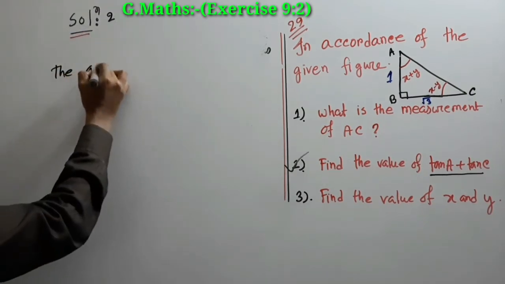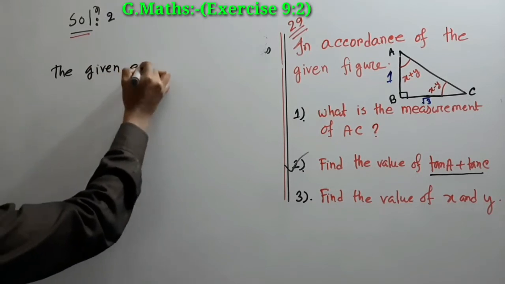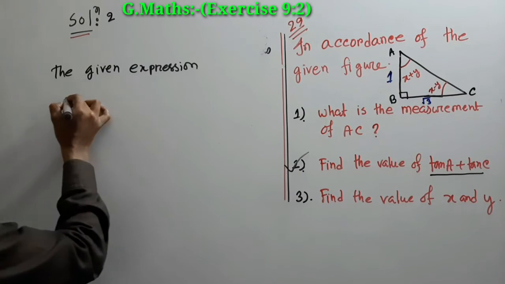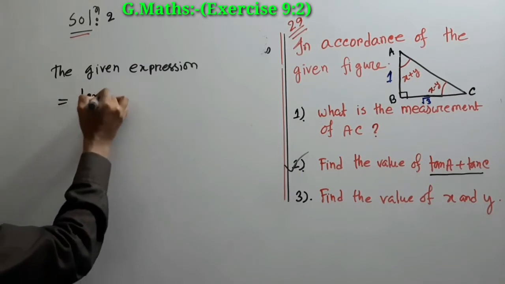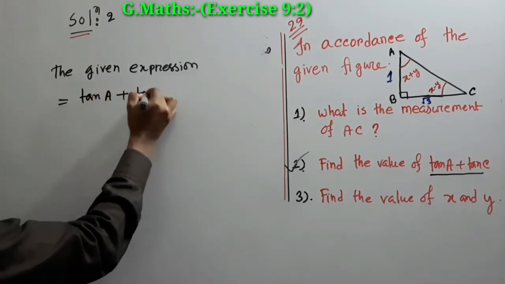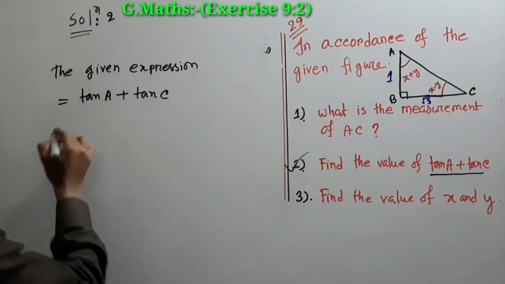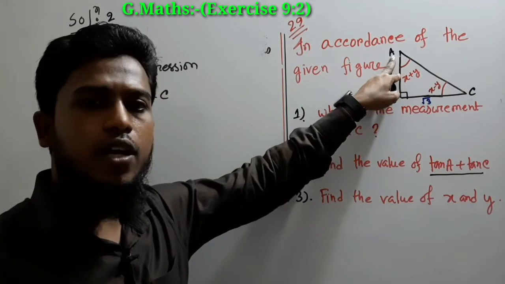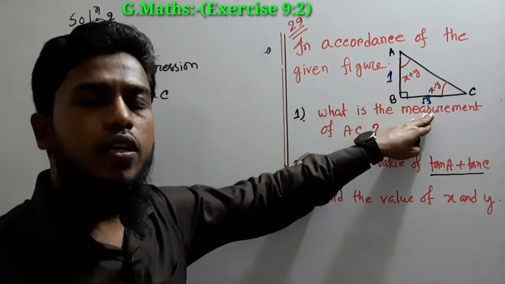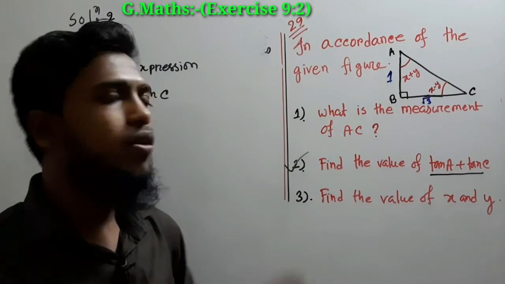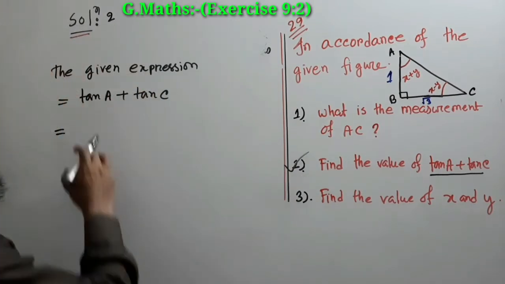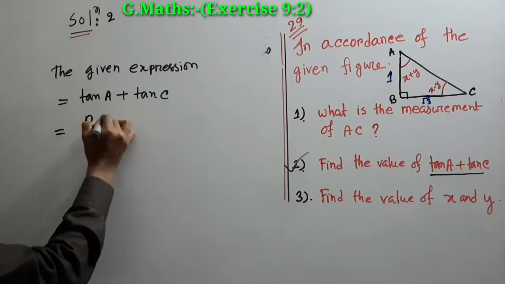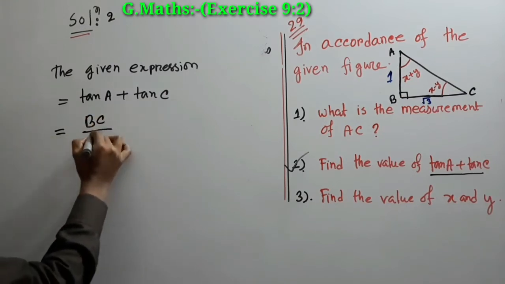The given expression equal to tan A plus tan C. Dear students, in this figure, if A is acute angle, then BC will be opposite side and AB will be base. For angle A, we can write tan A equal to opposite side BC divided by base AB.